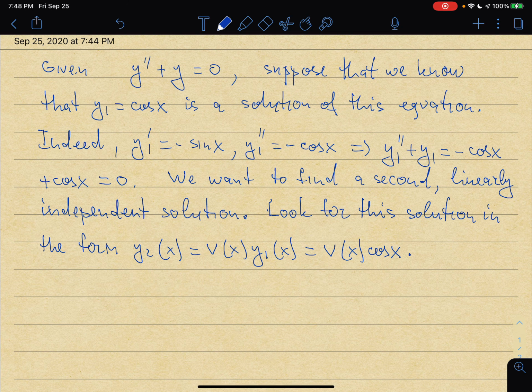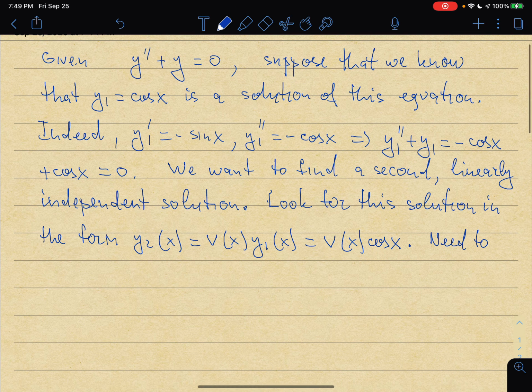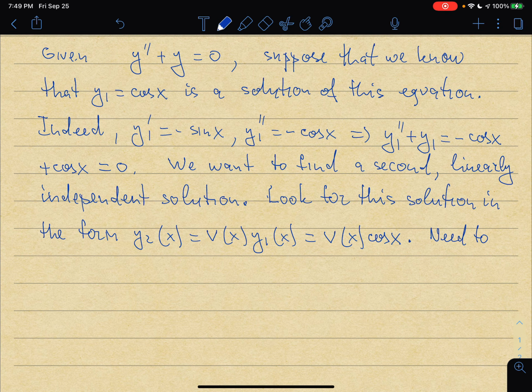Okay, so then the first thing that we need to do, we need to find an ODE for v. And basically what I'm doing is I'm doing substitution, right? Instead of function y, I'm going to use a function v times cosine of x. So to figure out the ODE for v, I need to express derivatives of y in terms of derivatives of v.